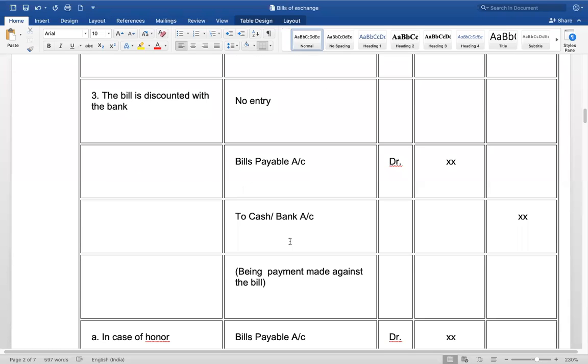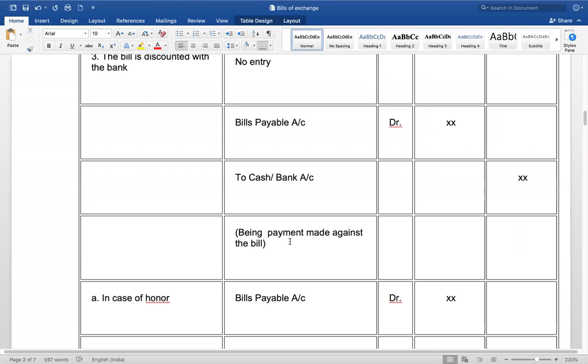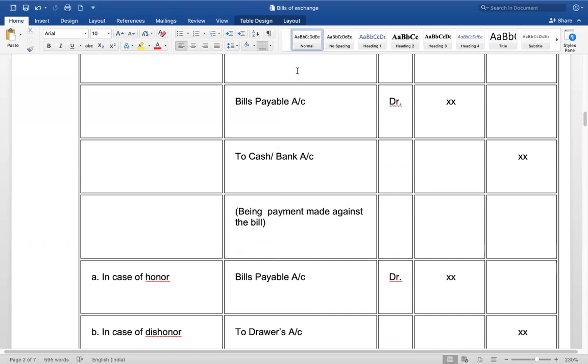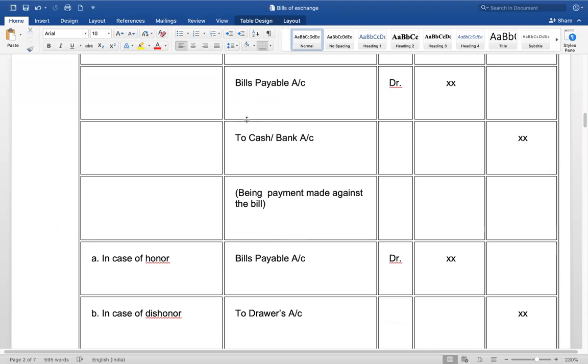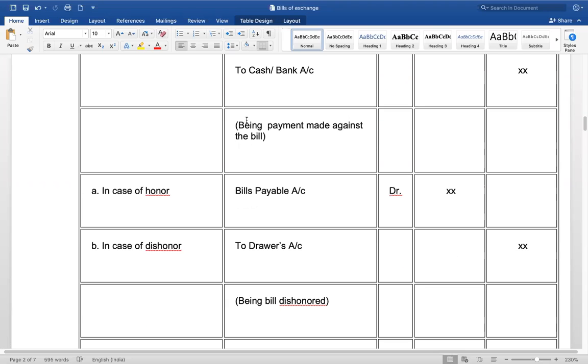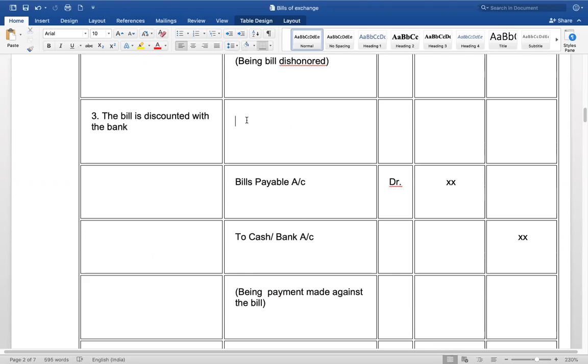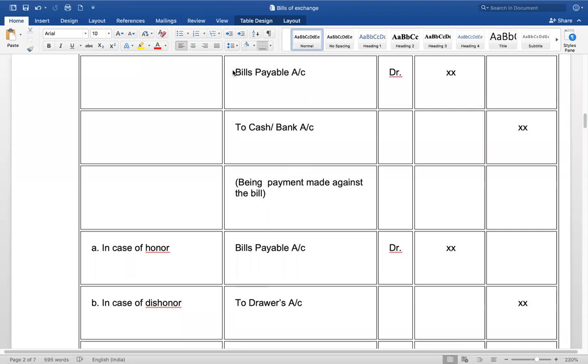Next, when the bill is discounted with the bank, you don't need to make any entry, right? When the bill is discounted to the bank, bill payable account debit to cash, right?